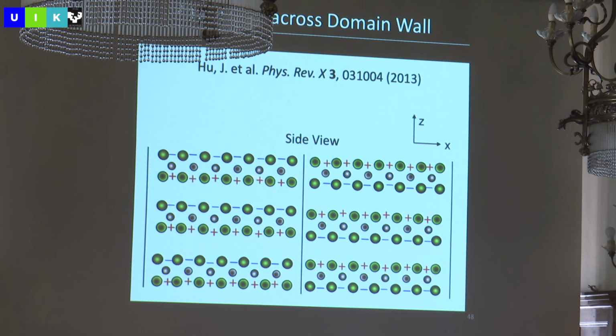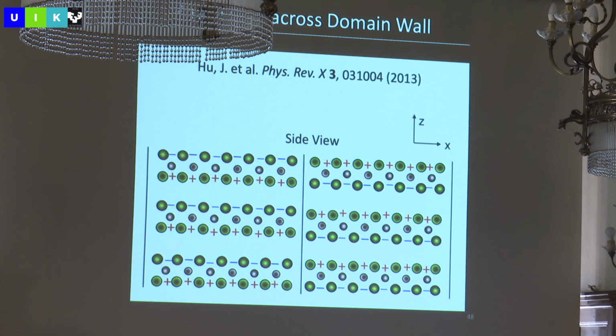It so happens in this system that the phase of the order parameter actually changes. These are the iron atoms here. These are the selenium atoms on top, and these are the selenium atoms underneath. The phase changes from the top selenium layer to the bottom selenium. The order parameter has a phase shift.